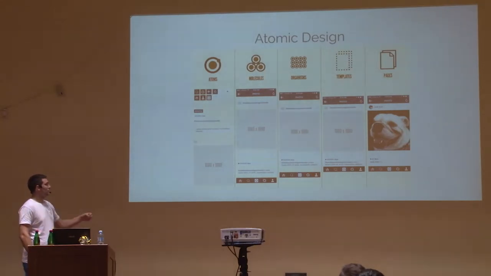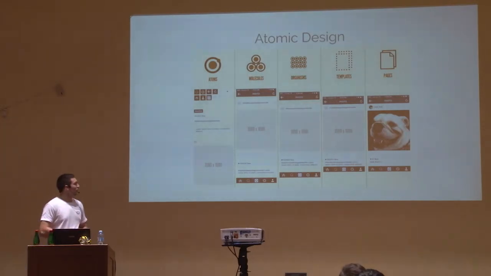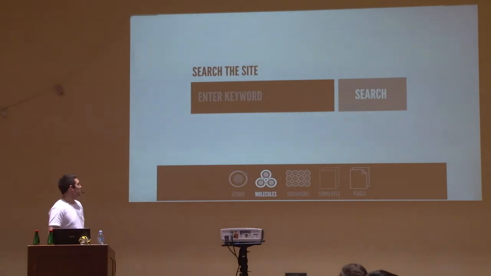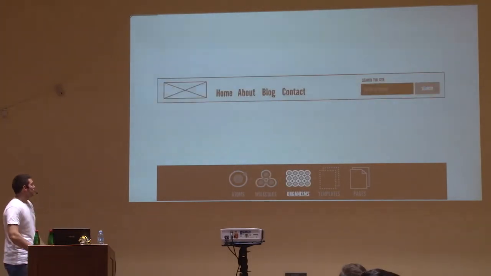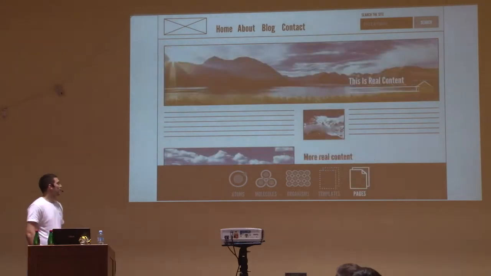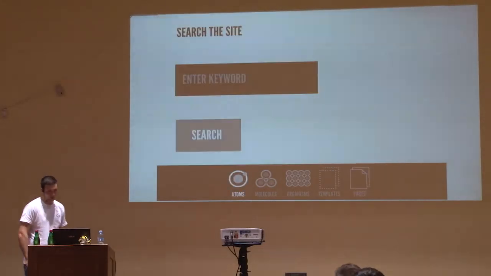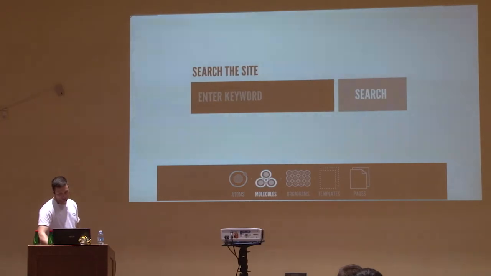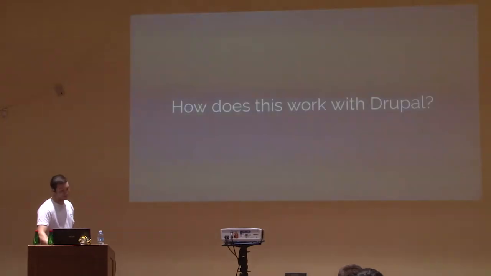Then we have organisms, templates that hold some default content, and pages, lastly, finished completely with real content. This is, of course, an interesting GIF to see how that can look on a real project. It's also taken from Brad Frost's site.